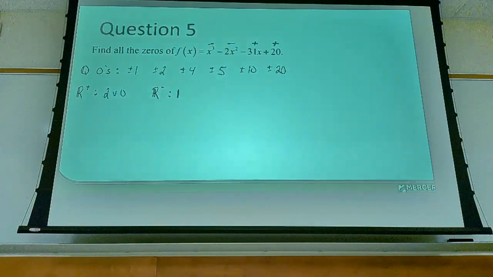Or we have no positive, have to have the 1 negative, and we'd have 2 complex. Those are the only 2 possibilities. Now just start checking. Since we're guaranteed a negative, you might as well just check the negatives, because you have to have a negative 0.